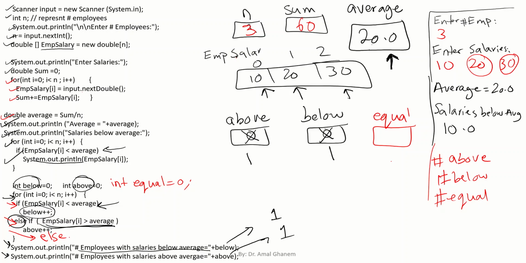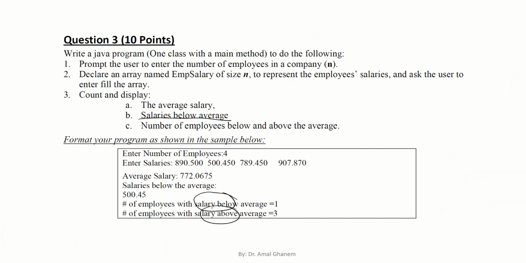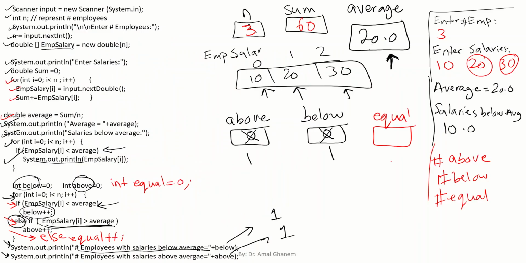So here all I have to do is say equal plus plus. And of course, at the end, once we finish, we have to add one more statement. System.out.println number of employees with salary equal to the average, and we will just display the counter over there.